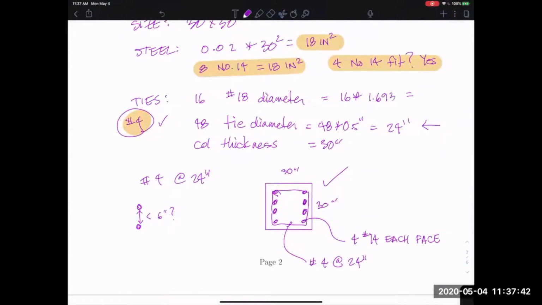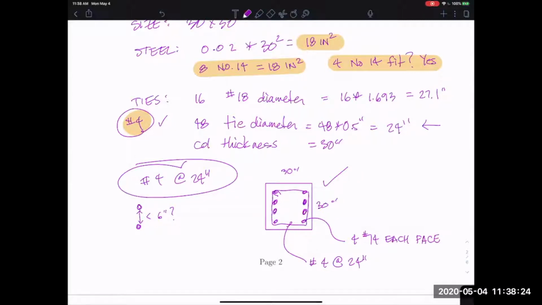Hopefully it's still less than 24, and 24 is the correct answer. 1.693 times 16 is still greater, that's 27.1 inches. 24 inches is still the least of those three things. So it still is number 4s at 24 inches. So we have 4 number 14s on each face, a total of 8 of them. And the ties are still number 4 at 24 inches.